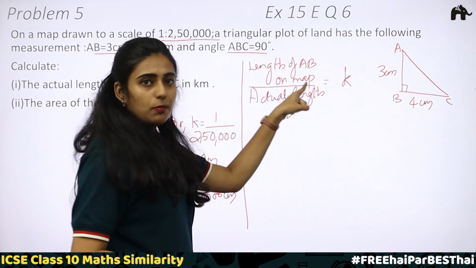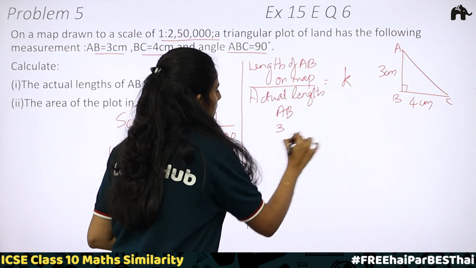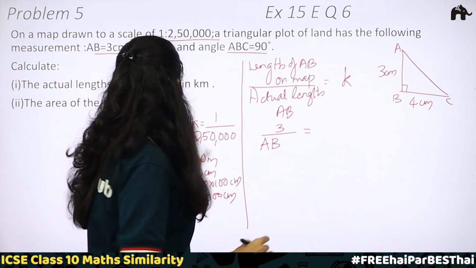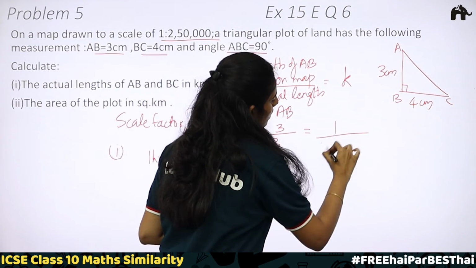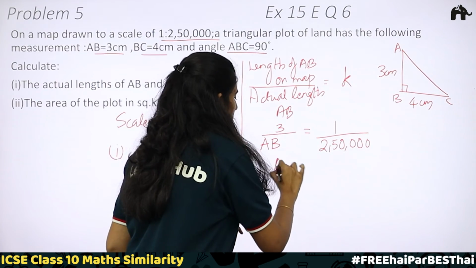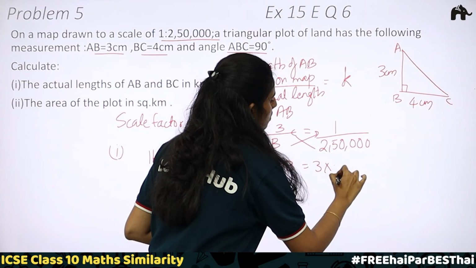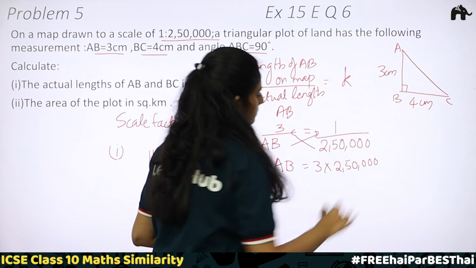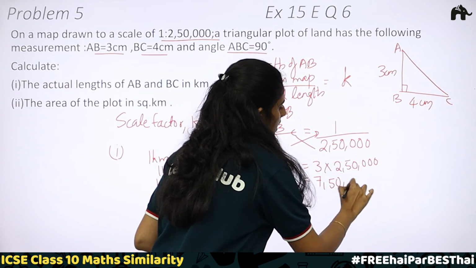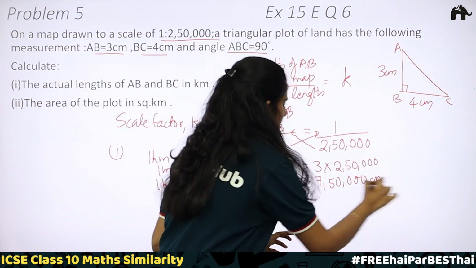Here the length of AB on map is 3 cm. 3 divided by actual length AB will be equal to the scale factor, and here the scale factor is 1 by 250,000. On cross multiplying, we get AB is equal to 3 into 250,000, which is 7,50,000. So this 7,50,000 is in centimeter.